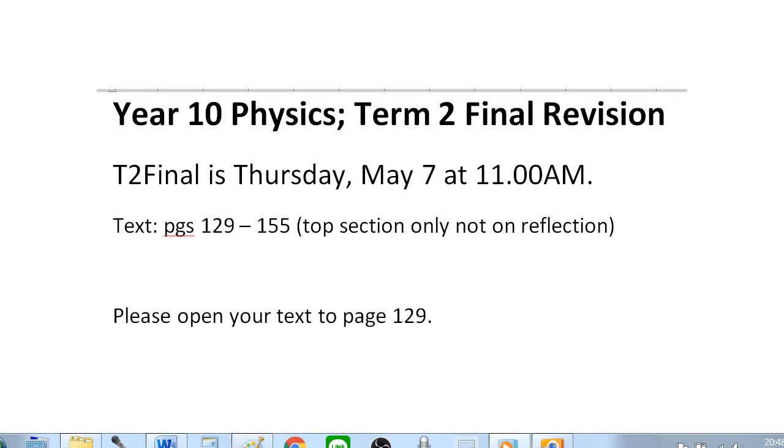The second type of wave is a transverse wave. Transverse wave, the example is light. And in transverse waves, the vibrations are at right angles to the direction of travel of the wave. So in light or in water waves, we see that if we look at one water molecule as the waves move by, that water molecule actually is moving up and down.